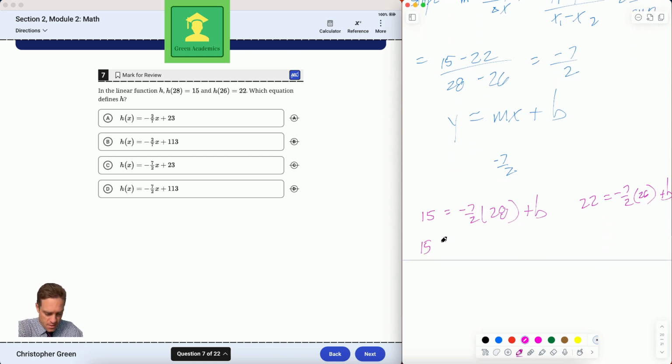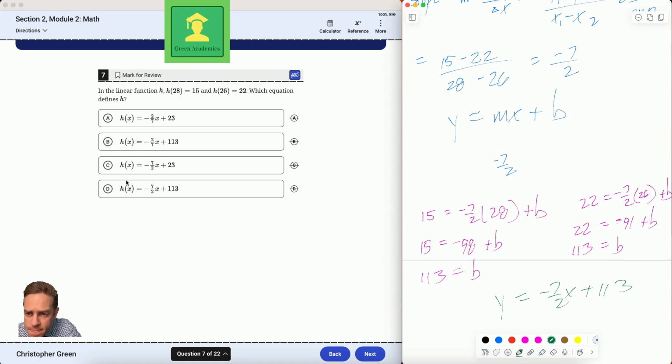So this would be 15 is negative 98 plus b, which means b would be 113. And then here 22 equals negative 7/2 times 26 is negative 91 plus b. So again, b is 113. So the general equation is y equals negative 7/2 x plus 113.